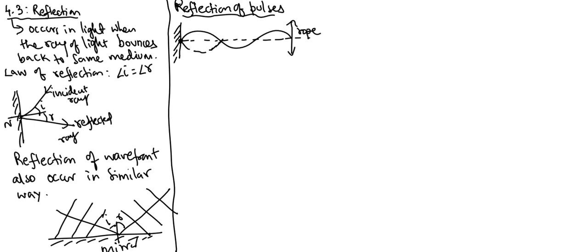I can't use another color, I'm sorry, otherwise it would have been more clear. So this is how your wave actually reflects back. Now let us understand it in a very simple way. A wave comes, that crest strikes here, and how do you show the return one? It simply goes this way and then goes off.